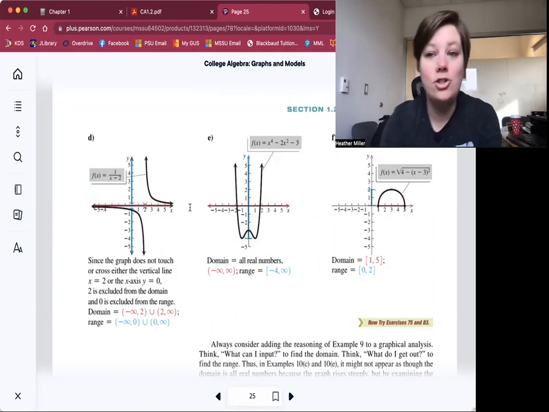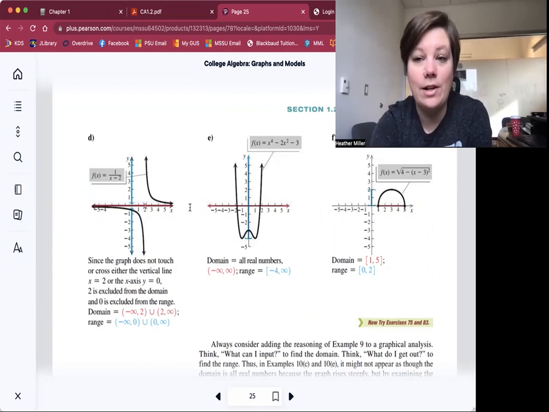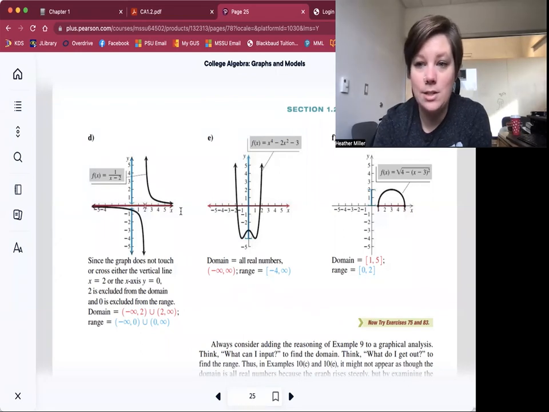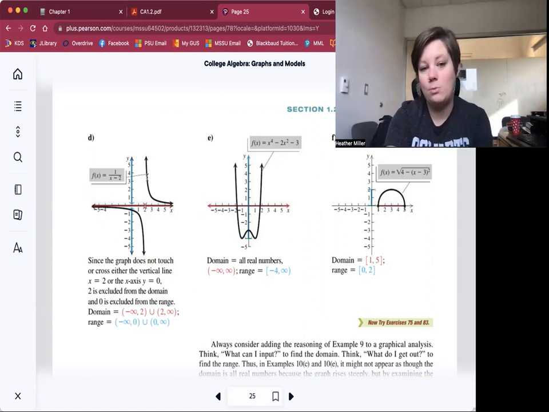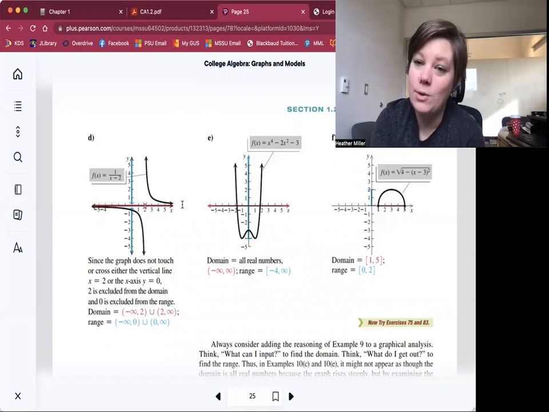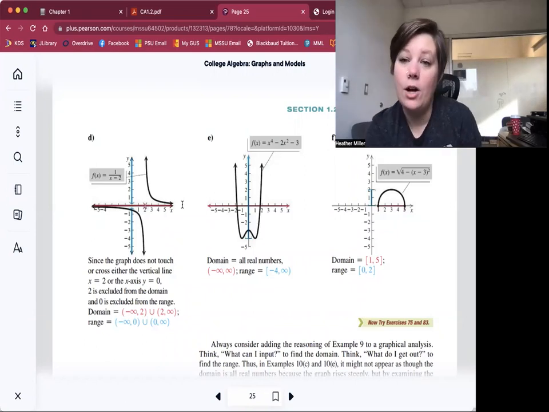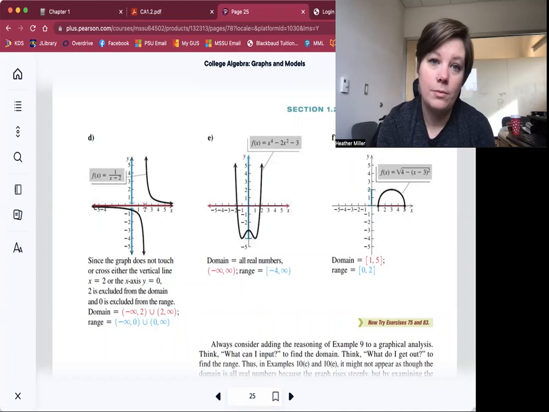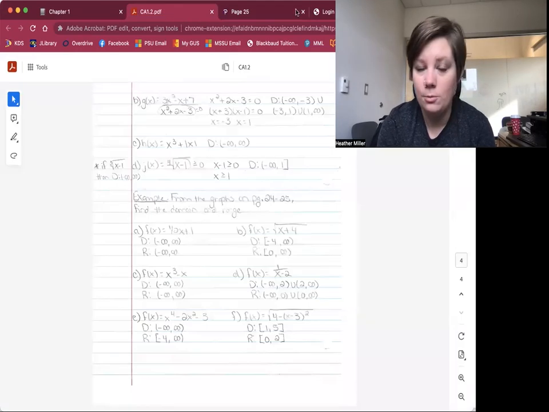And it's that not touching aspect that affects our y, because right here on our x-axis is y equals 0. So we can't ever equal 0. And so our range then will go from negative infinity to 0 union 0 to positive infinity, because based on this graph, we never touch that y value of 0. And so we have to eliminate that from our range.